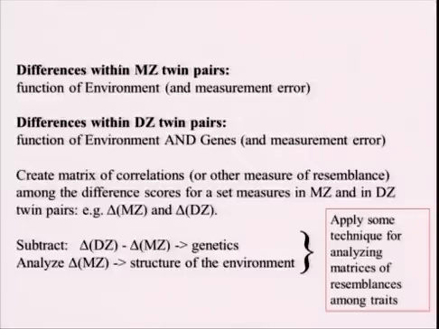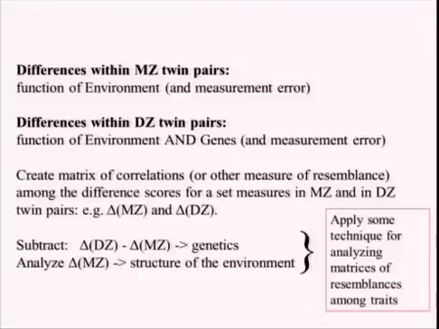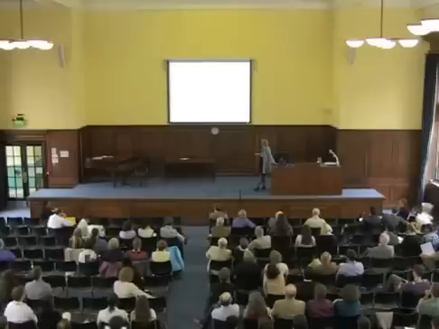So what you could do is create difference scores for multiple traits, correlate the difference scores for MZ and DZ twins, and then analyze those correlation or covariance matrices. And you can apply any standard techniques for analyzing correlation matrices. It'll give you an impression of the multivariate structure of the genetics and the environment.